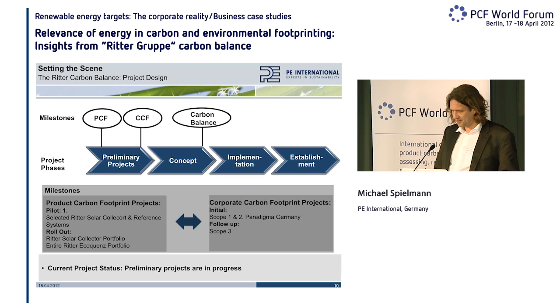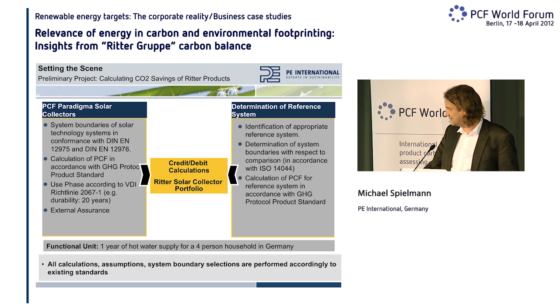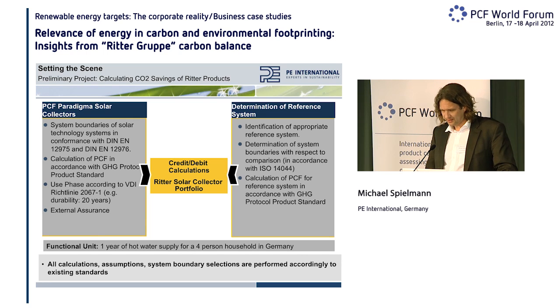Coming back to the product carbon footprinting, the most important message here is whatever we do, we always try to be in line with existing standards. We do the product carbon footprint calculation using the greenhouse gas protocol standards.